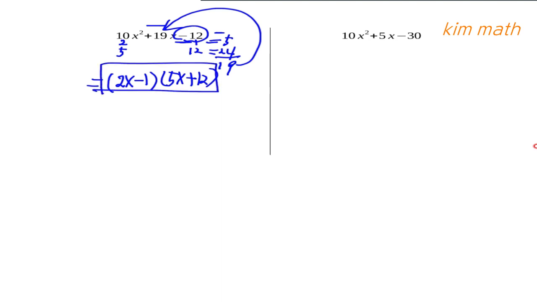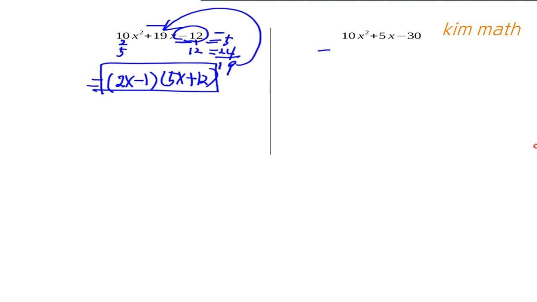Okay, last one. Before proceeding with our trinomial factoring, please note that the coefficients 10, 5, 30 are multiples of 5, right? Always remember that in factoring, finding the GCF must be your first job.